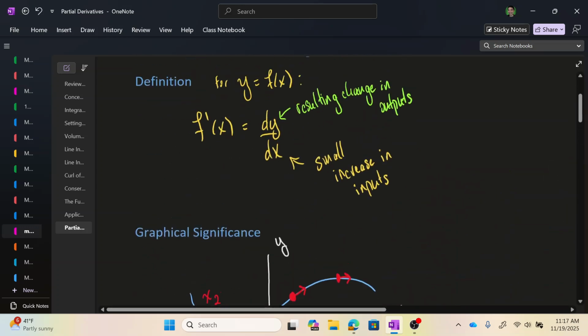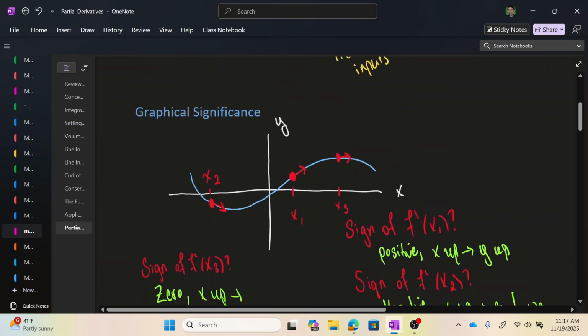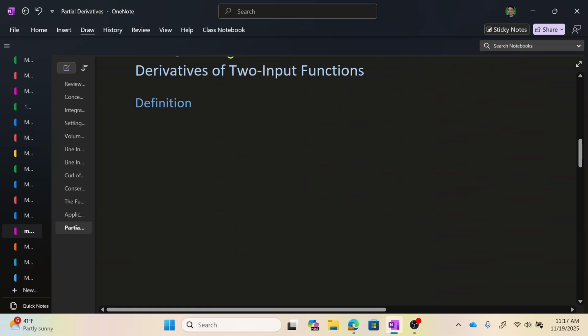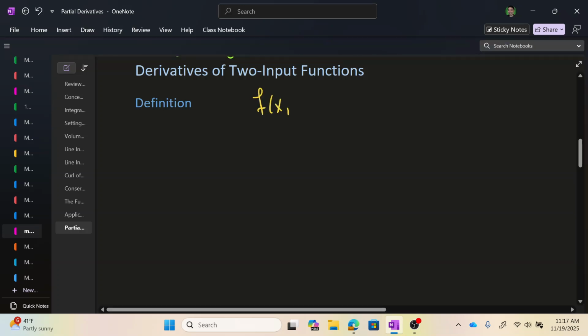Now let's take these definitions and these ideas and bring them into the multivariable context. If I have, for example, a function of two input variables, a function of x and y, whose outputs are being stored in the variable z, because this function has two input variables, it's going to have two derivatives associated with it, two what are called partial derivatives.